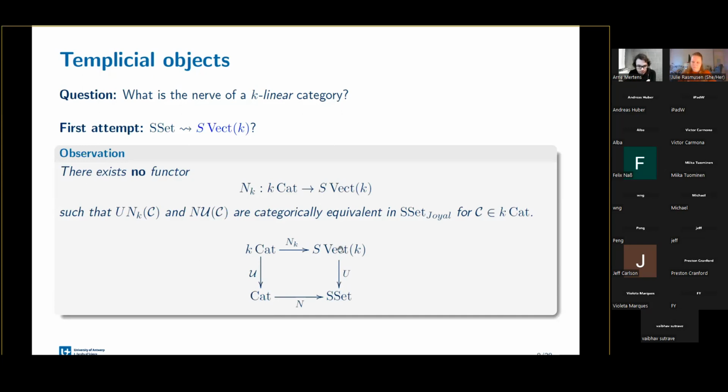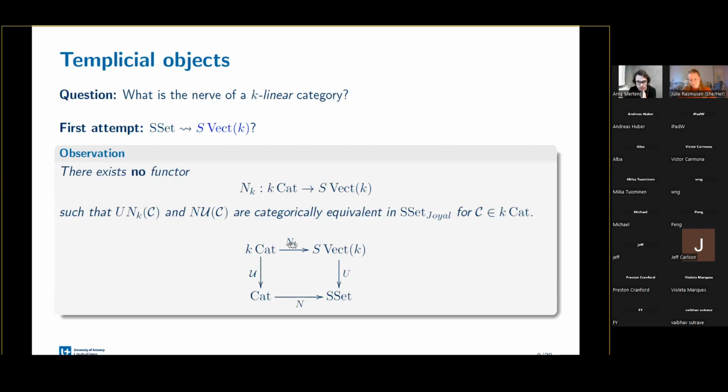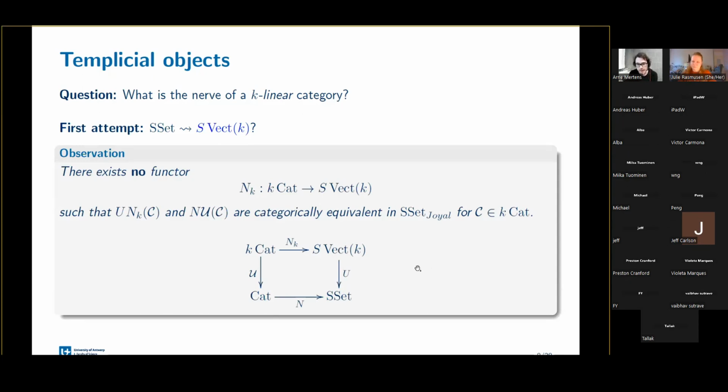The vertical maps here are the forgetful functors. Here we have the classical nerve, and above here we have the proposed enriched nerve going from k-linear categories to simplicial vector spaces. But such a functor can never exist. You can never find a functor for which this diagram commutes, even up to categorical equivalence, which is the notion of weak equivalence for quasi-categories.